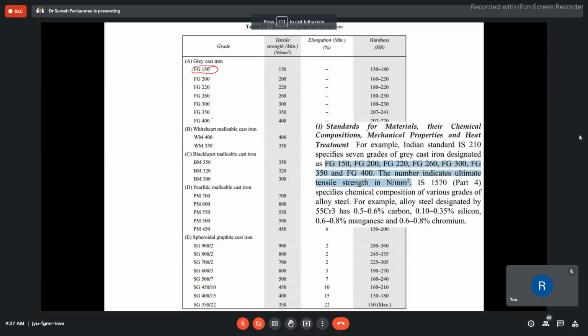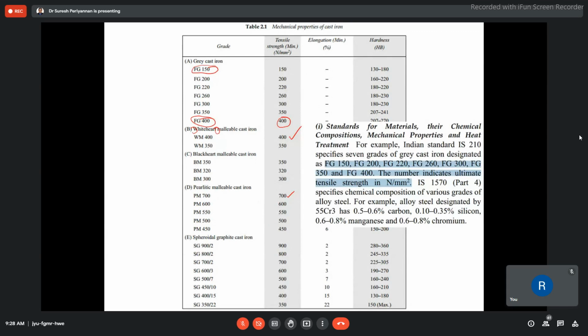FG 400 is high tensile strength, 400 Newton per mm square. For white heart malleable cast iron WM 400 means 400 Newton per mm square. Similarly, pearlitic malleable cast iron PM 700 means 700 Newton per mm square, that is the tensile strength of the material.